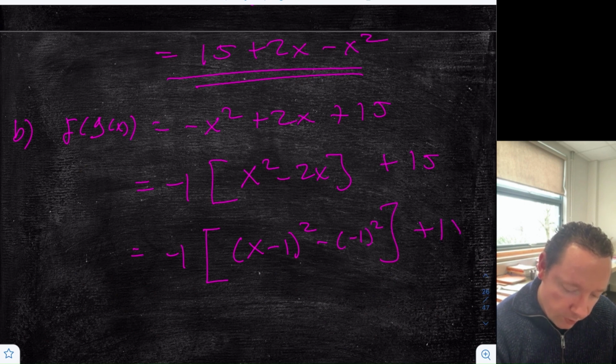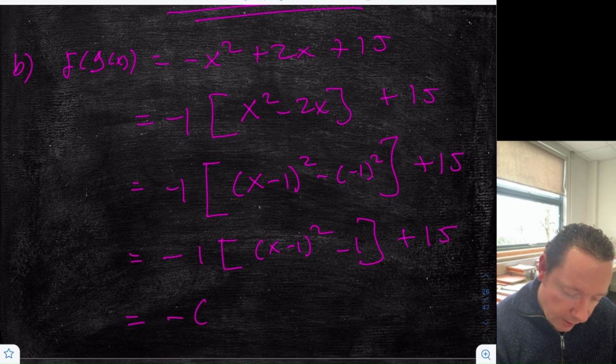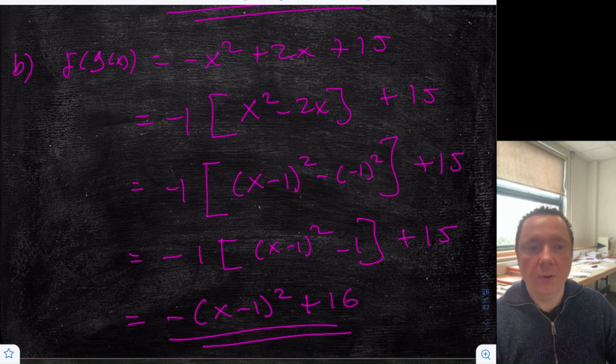I've still got plus 15. So that gives me minus 1, x minus 1 squared, take away 1, plus 15, which is minus (x minus 1) squared. Minus 1 times minus 1 is 1, so 1 plus 15 is 16. And that's it in completed square form.